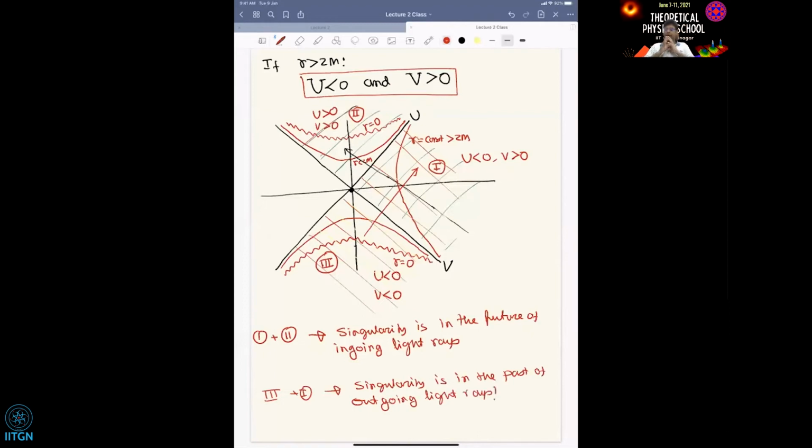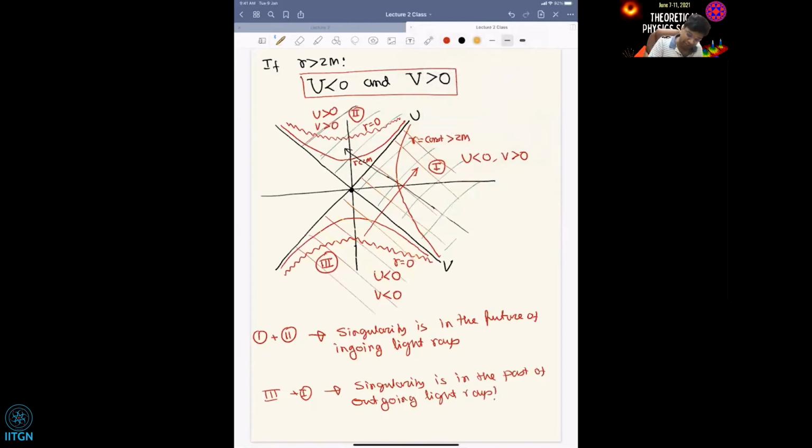So by ingoing and outgoing light rays, you can only go from region 1 to region 2, or region 3, sorry, region 3 to region 1. That's all. But what is amazing is that there is also another region. Let's find another color. Yes, this color.